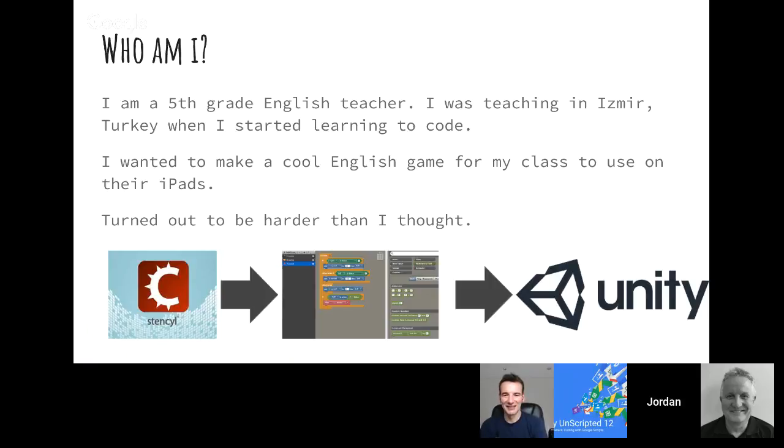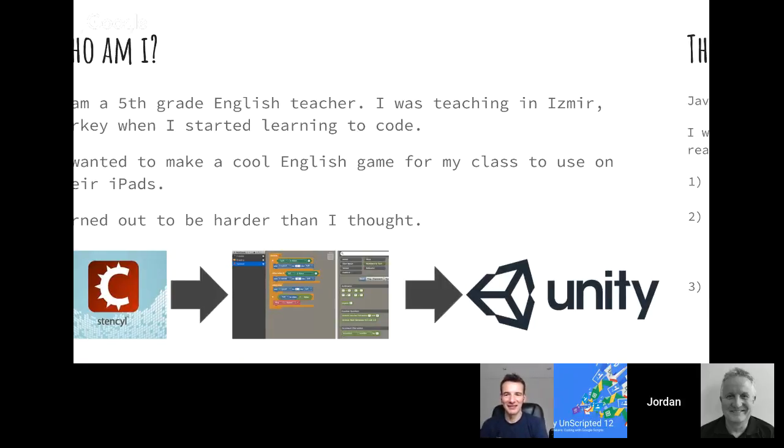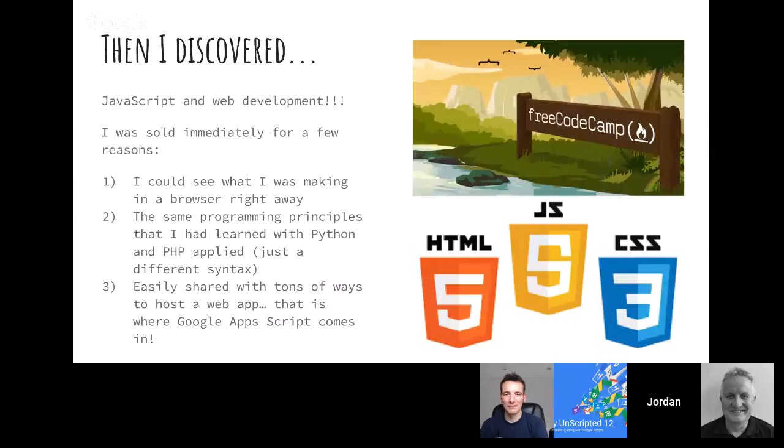So then I heard of this thing called Unity, and I was like, 3D games, that sounds really cool. Also couldn't really figure out what I was doing. So I figured I needed to actually learn the fundamentals of a programming language. I picked up Python and PHP, and those really helped me to figure out the loops and conditionals, and to learn those basic principles.